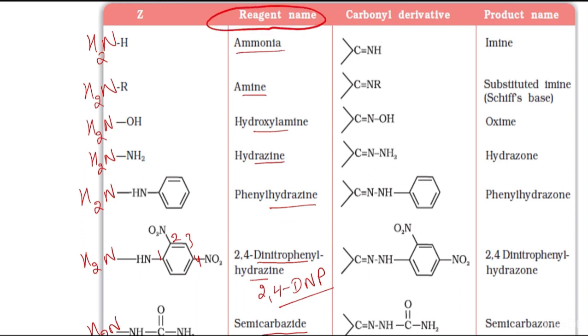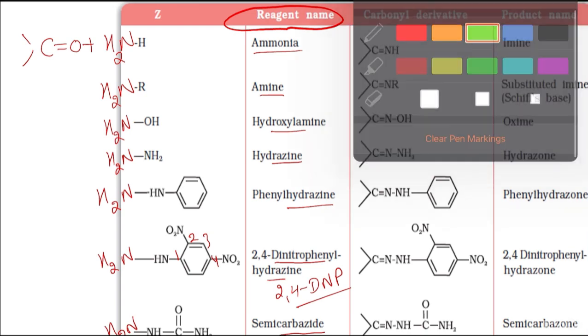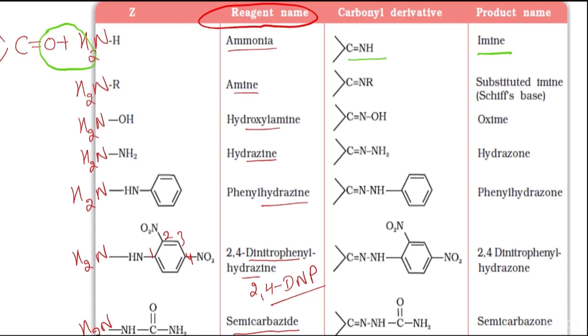Now you have to predict the product. So you simply have to write, as I told you, C double bond O here. When you write C double bond O here and you remove this water, what will you get? C double bond NH. This is the product and this is called imine, right.